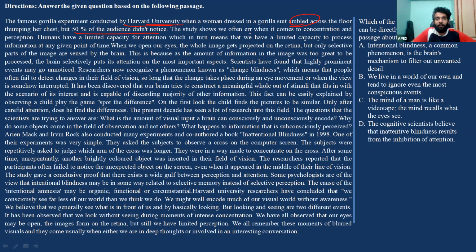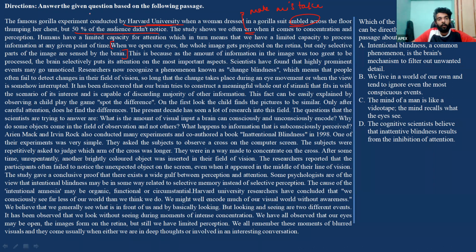Study shows that we often make mistakes. When it comes to concentration and perception, humans have a limited capacity for attention, which in turn means that we have a limited capacity to process information. So when we open our eyes, the whole image gets projected on the retina, but only a selective part of the image gets sensed into the brain. So maybe this is one explanation.